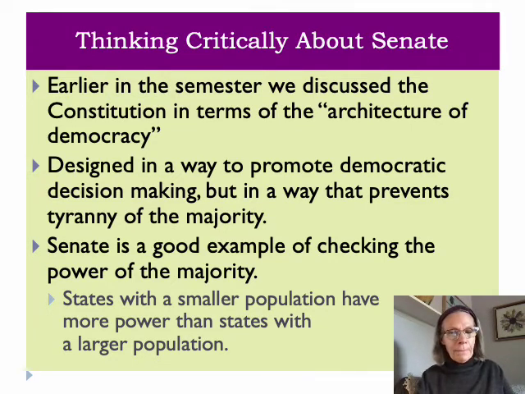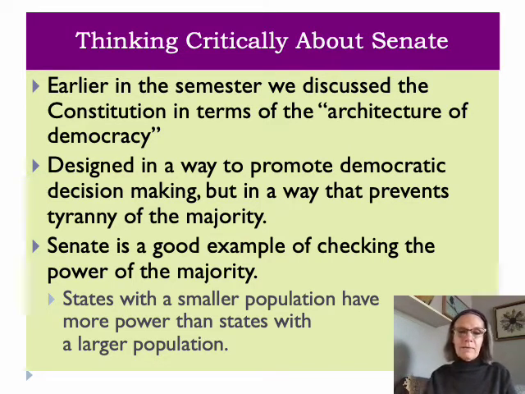So if you're a really populous state, like the state of California, you get two senators, but a really lowly populated state like Vermont or Wyoming, they also get two senators, right? So it actually gives the states that have a lower population more of a say in the Senate because the representation that all states get in the Senate is equal.